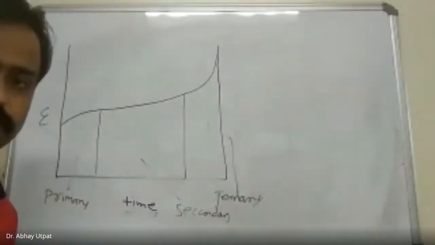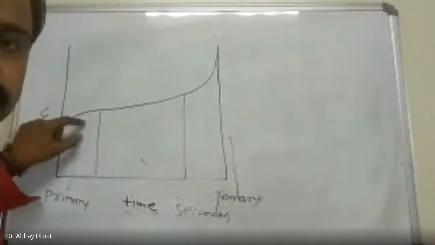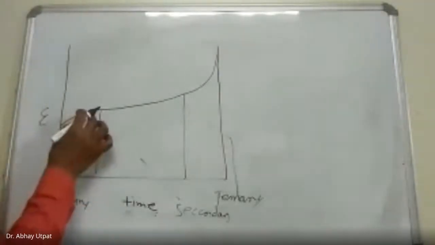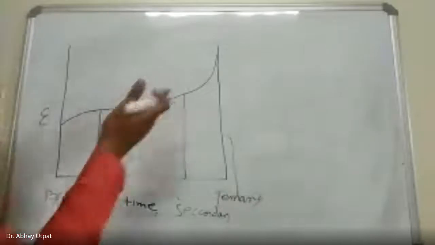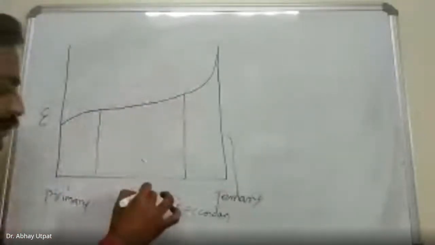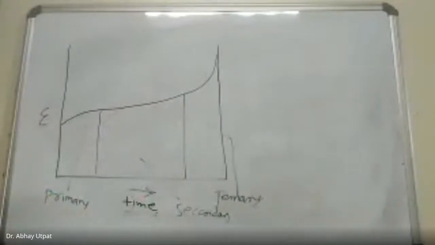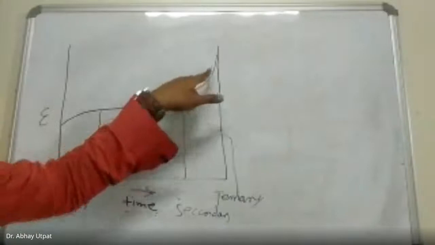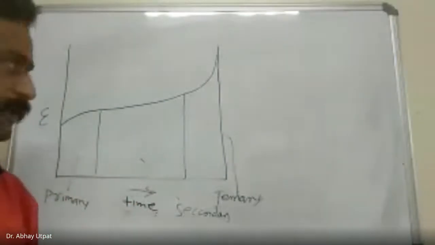What you are observing here is that initially it shows less deformation. But later on, in due course of time, deformation starts increasing. And then at the end, after a particular period, it will show sudden deformation and the part will fail. This is called the creep curve.